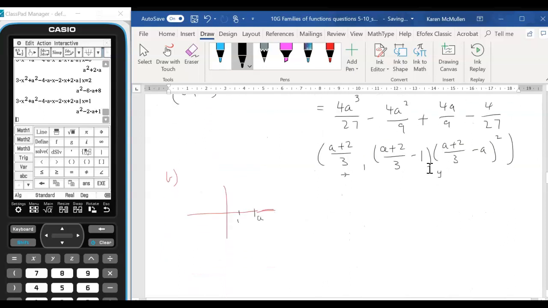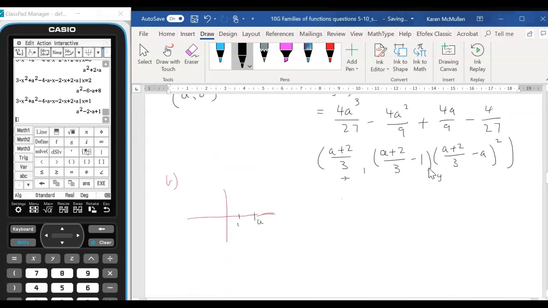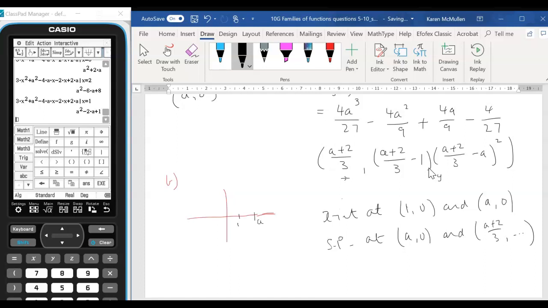But I've also got a stationary point at a plus 2 on 3 and all that other stuff.